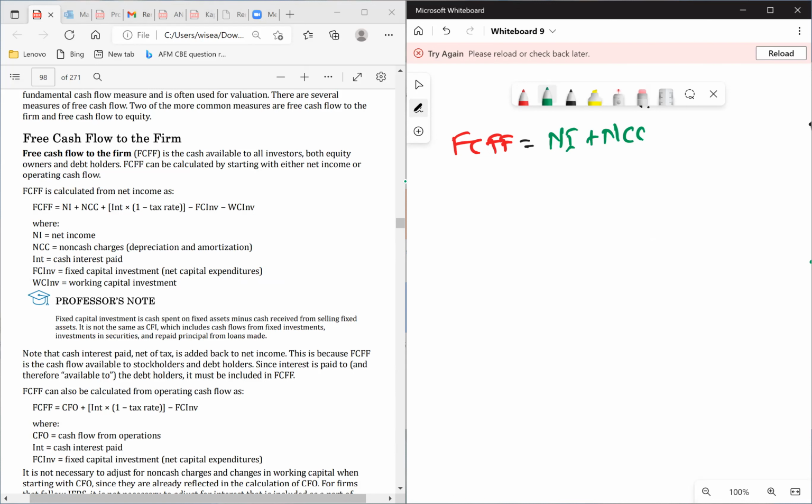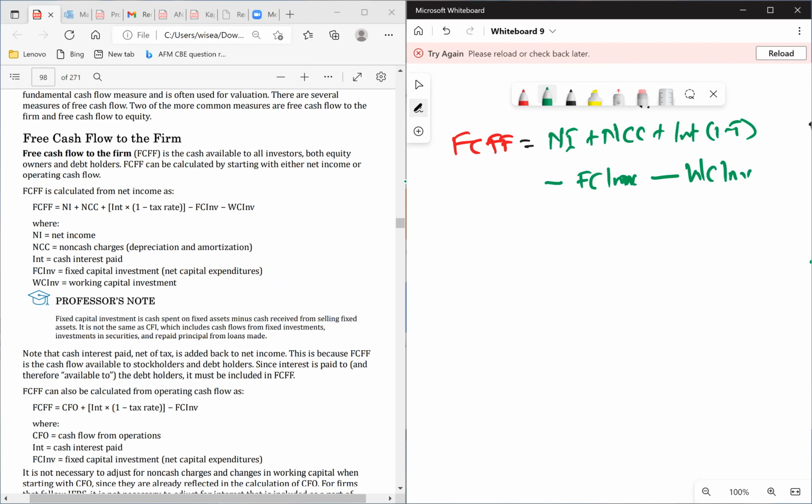Then you add back interest adjusted for tax, interest times 1 minus T. Then you subtract fixed capital investment, that means investment in capital assets such as property, plant, and equipment. And then you subtract working capital investment, which is the changes in inventory, receivables, and payables.